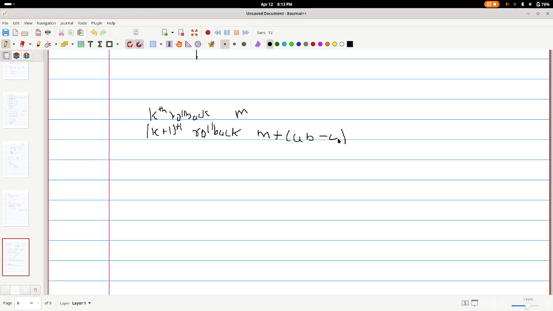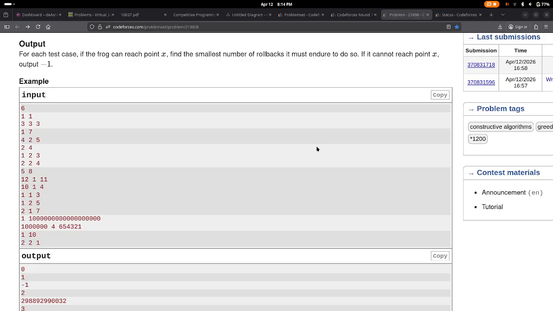Why? Because in a single cycle, we are moving forward by a into b points, but because of the rollback, we are moving backwards by c points.